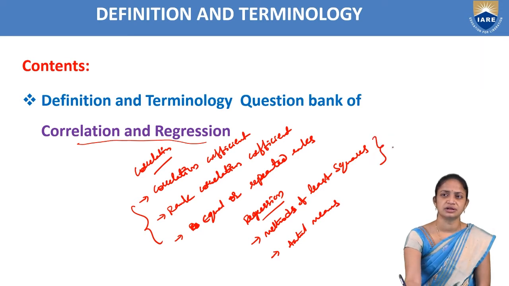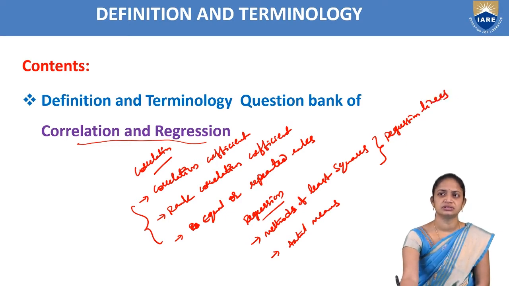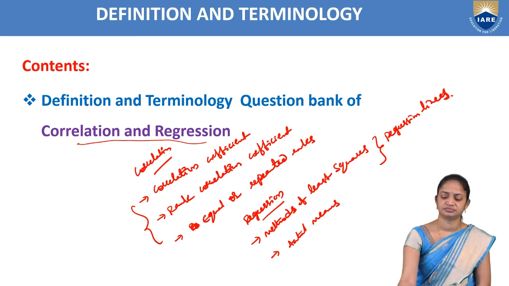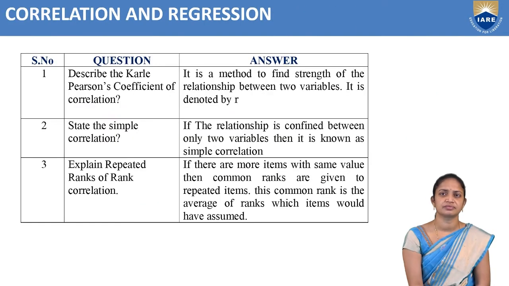Both are based on lines of regression or regression lines. So that is our regression. In total we have 5 topics in definitions and terminology.